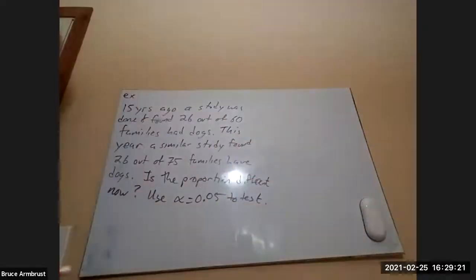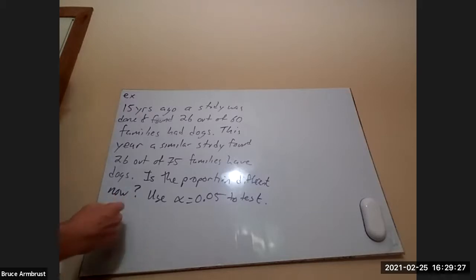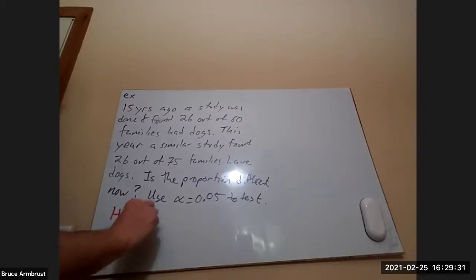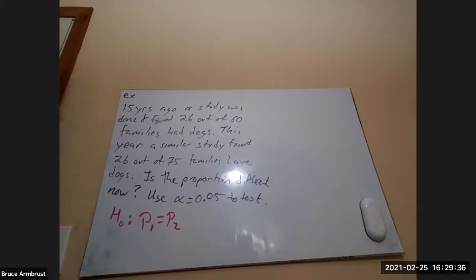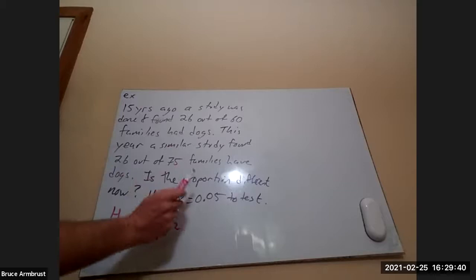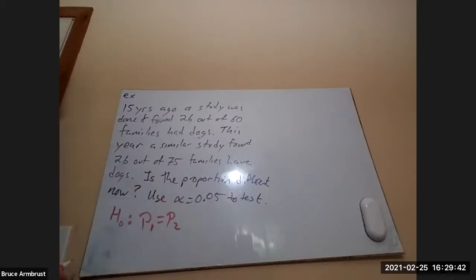All right. Well, anyway, let's write down our hypotheses then. So our null hypothesis, as always, is going to be that these two proportions are equal. That the proportion from 15 years ago is the same as the proportion from today. Okay, so what's the alternate going to be? What symbol am I going to put between P1 and P2?